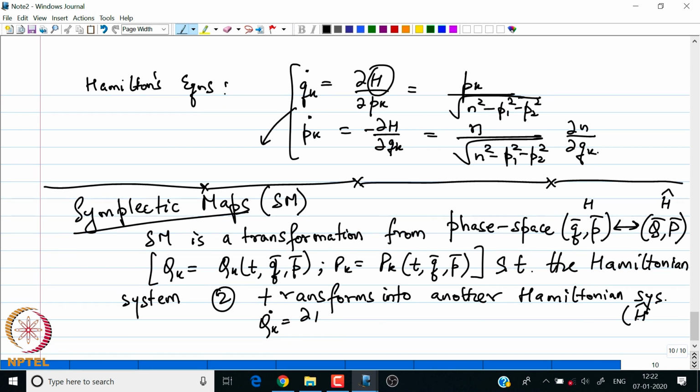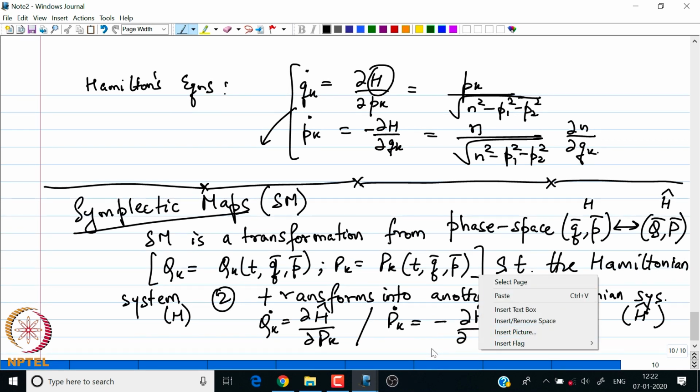The older Hamiltonian system was H, the new Hamiltonian system is H hat, such that the Hamilton's equation is still preserved. So, Qk dot is del H hat del capital Pk and Pk dot is minus del H hat del capital Qk. So, my Hamilton's equations are still preserved.